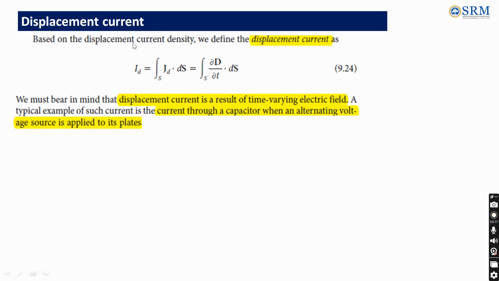To find the displacement current, we need to take the surface integral of the displacement current density JD, which is dou D by dou T. So displacement current is the result of the time varying electric field, since D equals epsilon E. You can see the displacement current through a capacitor when an alternating voltage source is applied to its plates.